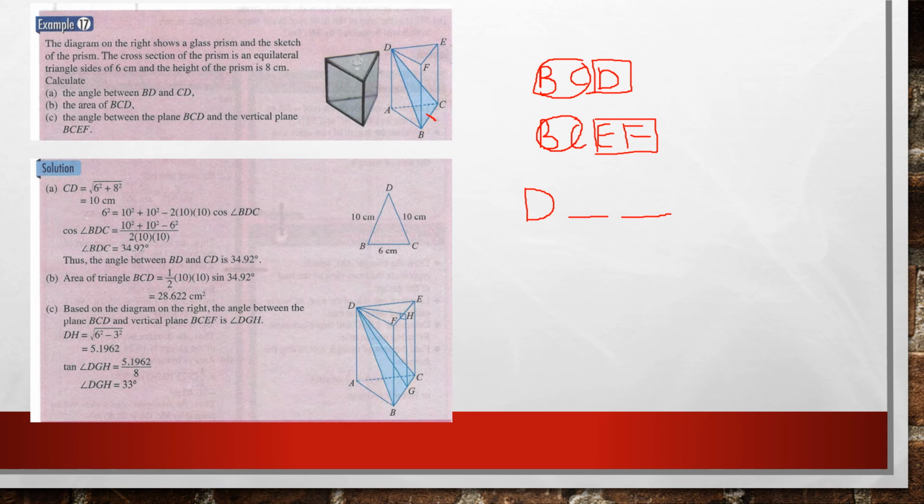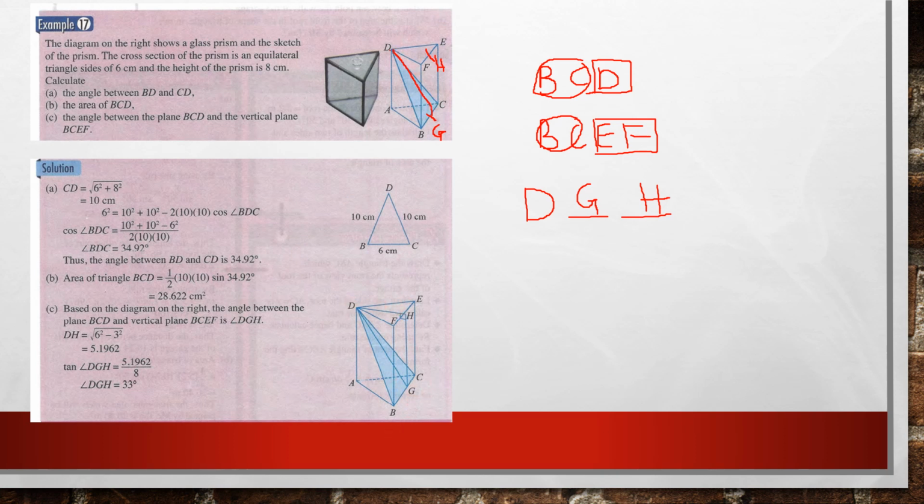EF, we also find the middle part. Here they label it as G, and EF, maybe you can label it as H. This is how we find angles between two planes. So you will get the angle is DGH. This is the triangle.